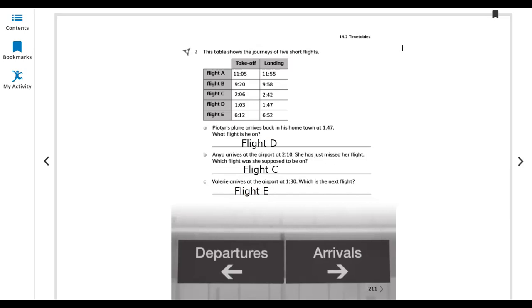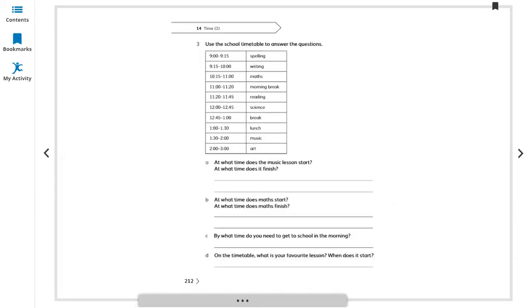Okay, let's move to the next question. Number 3. Use the school timetables to answer the question. At what time does the music lesson start? At what time does the music lesson finish? Where is music? This one, from 1:30 until 2 o'clock.